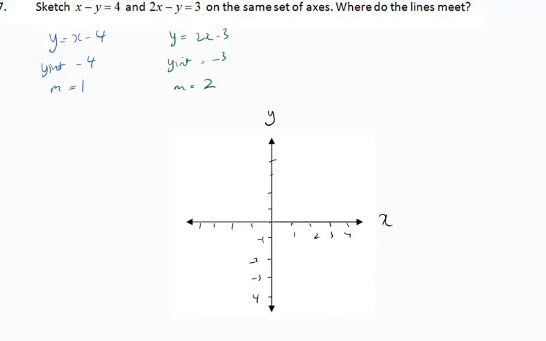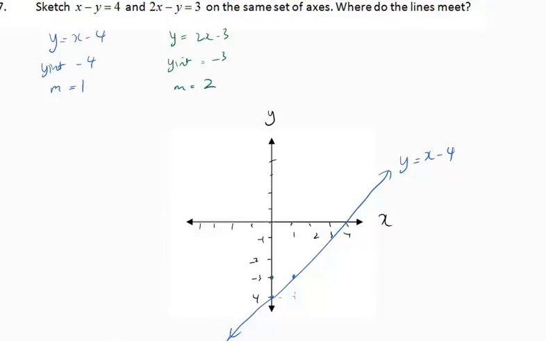So here for our first one, we've got our y-intercept at minus 4. Our gradient is 1. So if we go across by 1 to here, we're going to go up by 1 to here. So now we can draw this through here. This is y is equal to x minus 4. So if we look at our second equation here, we have y-intercept at minus 3.